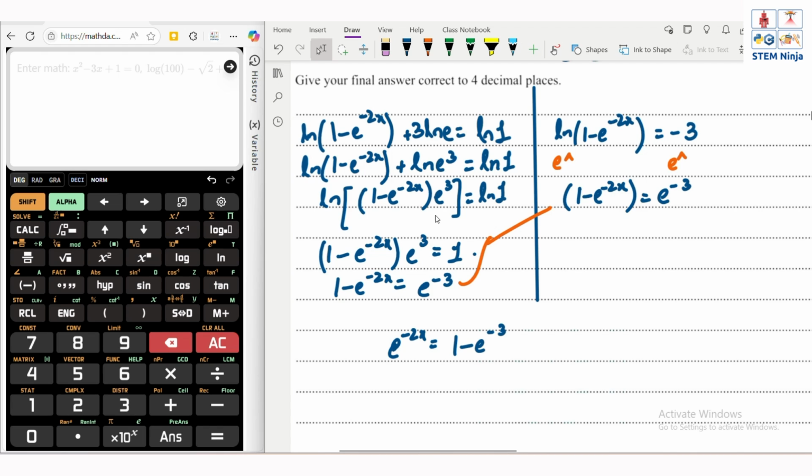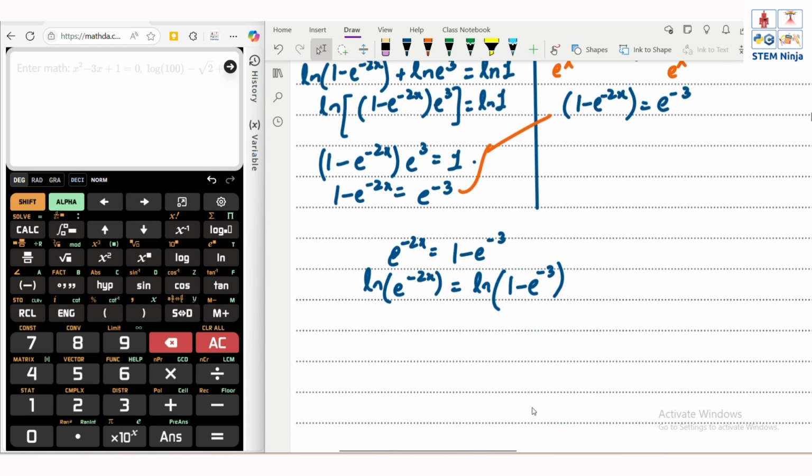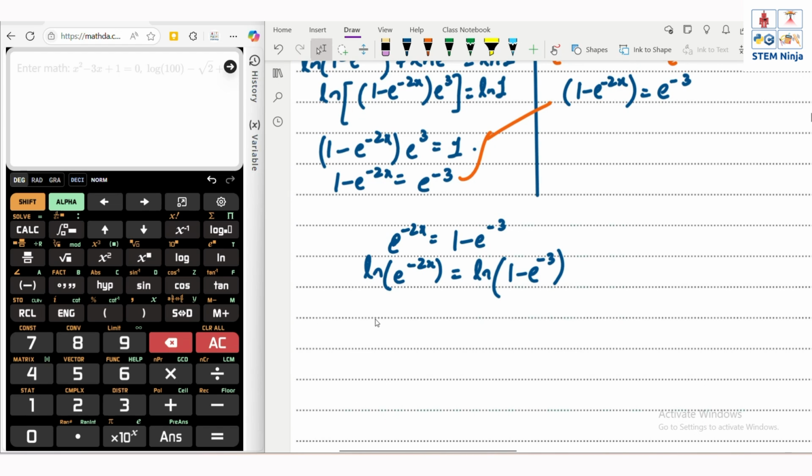Now, since this is an exponential equation, we take ln on both sides. So ln of e^(-2x) equals ln of (1 - e^(-3)). So minus 2x comes over here. This remains as it is. We don't need to do anything to that.